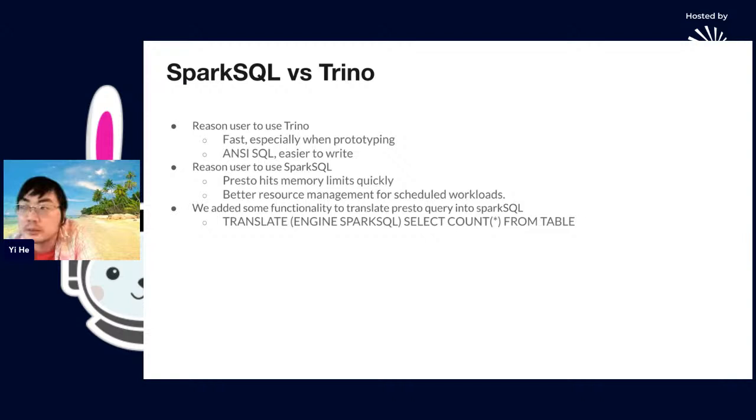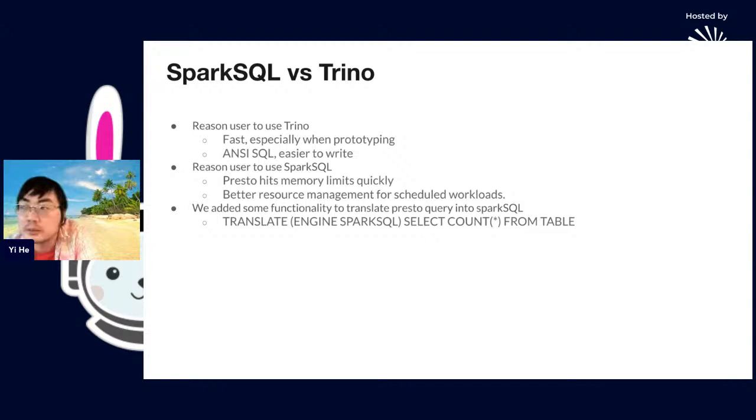So to bridge that gap, since users usually want to prototype in Trino and run Spark SQL in production, we experimented a little bit last year to translate Trino queries into Spark SQL.